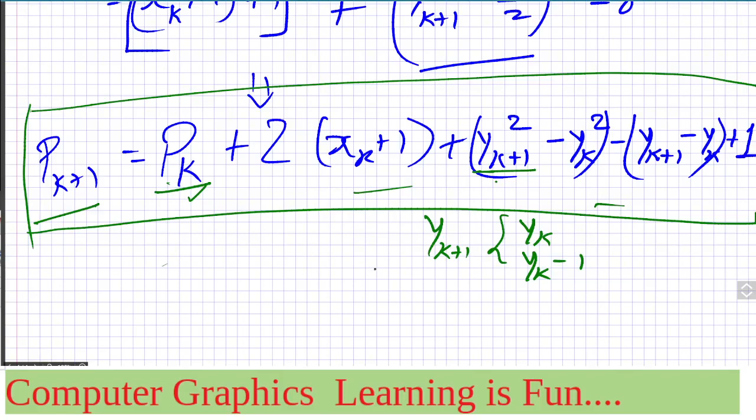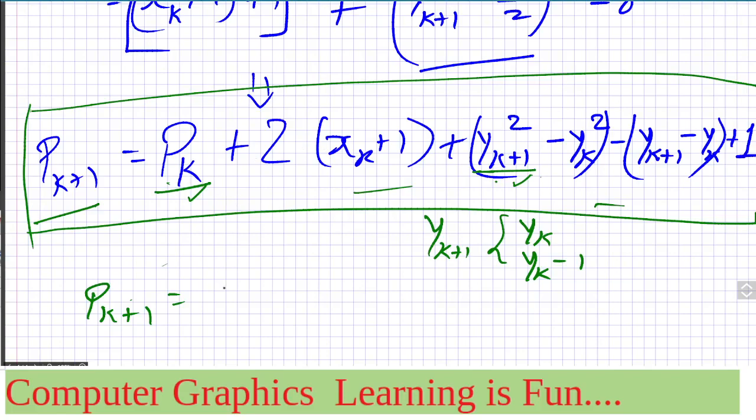If pk is negative, what is happening? Your pk plus 1, what will it be? Suppose pk was negative. In that case, since pk was negative, this yk plus 1 was yk itself, right? So pk square minus pk square will be 0 and yk minus yk will be 0.